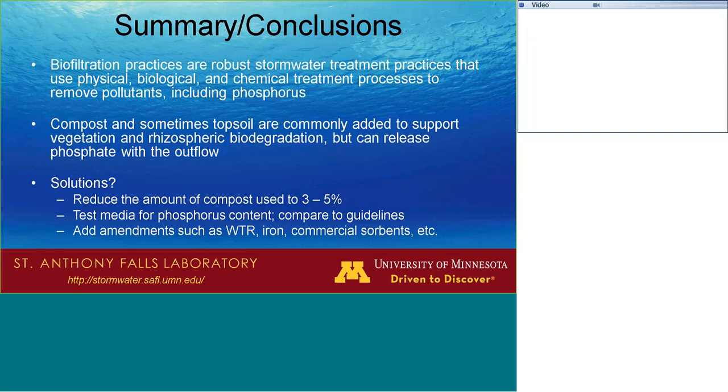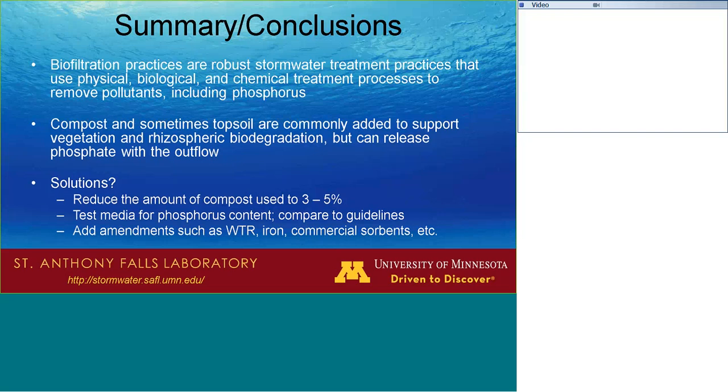So in summary or conclusion, I think we've shown that biofiltration practices are robust stormwater treatment practices, but you could also call them multidisciplinary, in that they're using physical, chemical, and biological processes to remove many pollutants, including phosphorus. For our biofiltration system specifically, we add compost and sometimes topsoil to support the vegetation and that microbial activity in the rhizosphere, but that can release phosphate.